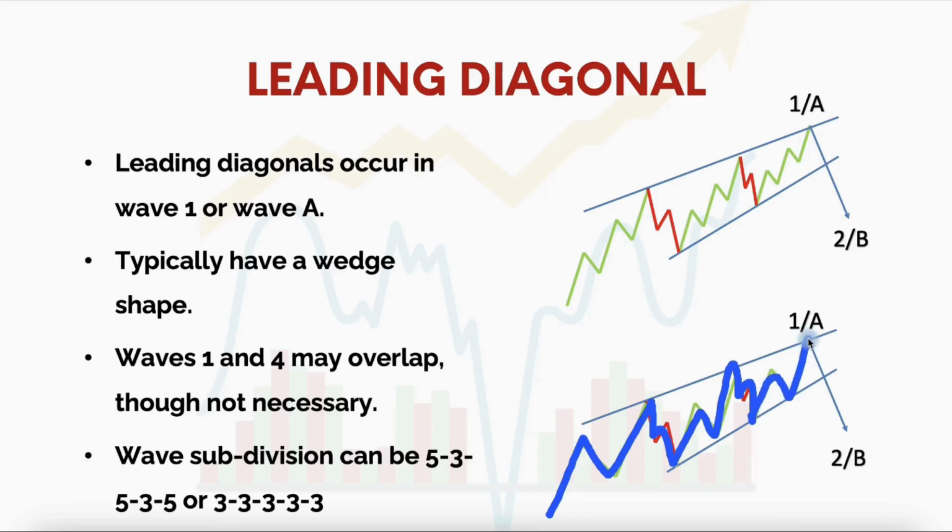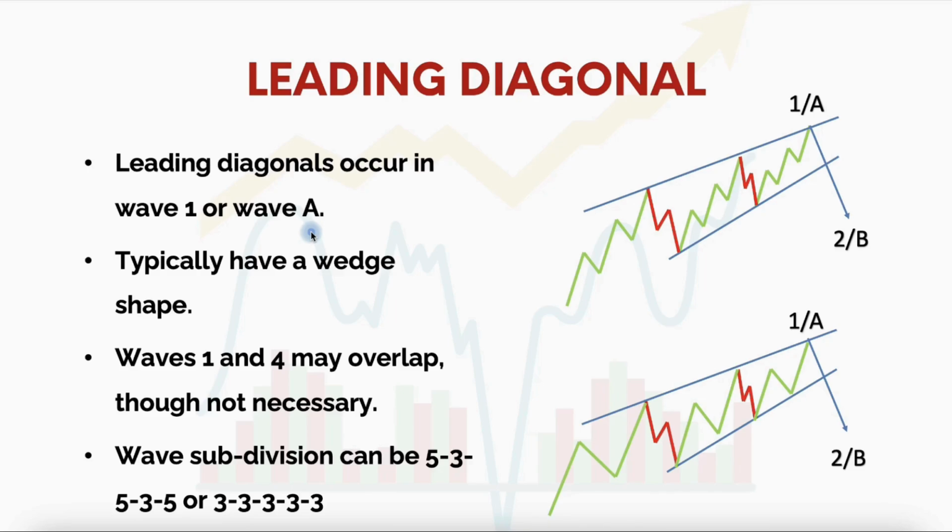Alright, so this is how leading diagonals typically form. The most important thing is they always form in either wave 1 of 1, 2, 3, 4, 5 or wave A of ABC. Essentially we say leading diagonal because it is a leading indicator of a new wave or new trend starting. It could be a 1, 2, 3, 4, 5, it could be an ABC.